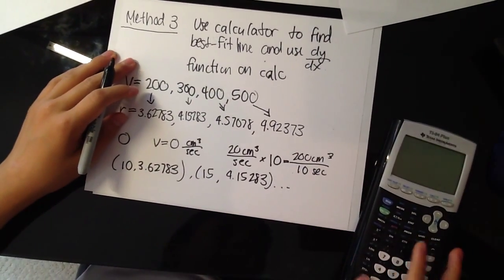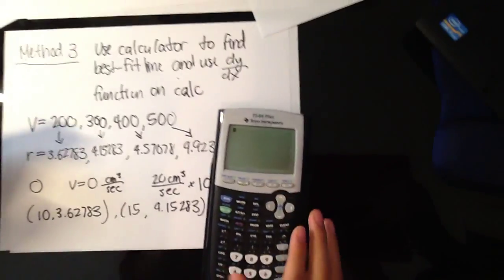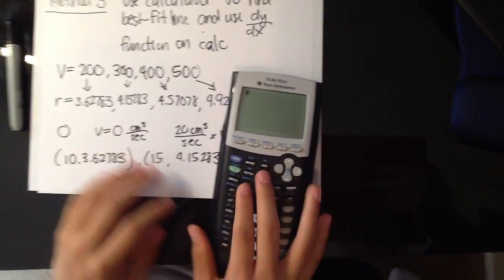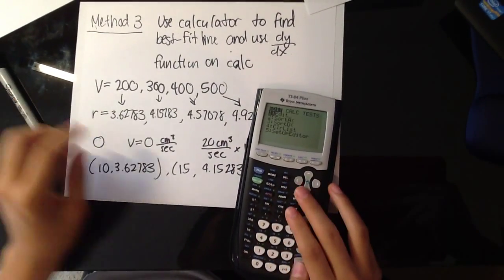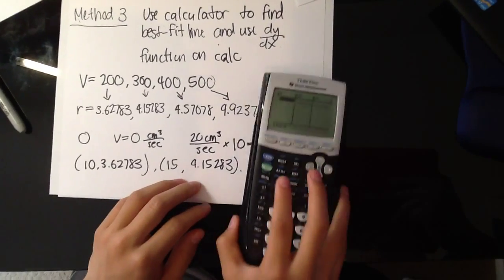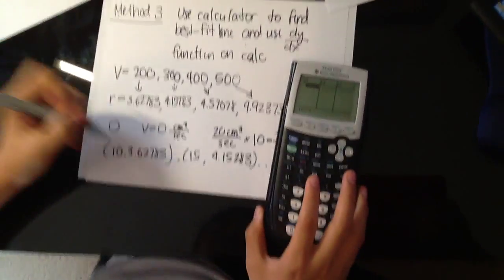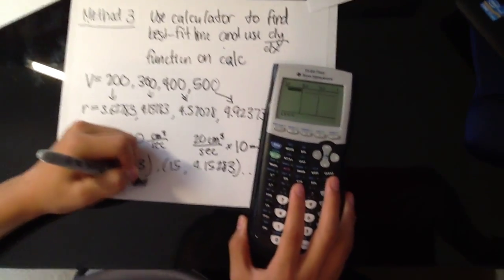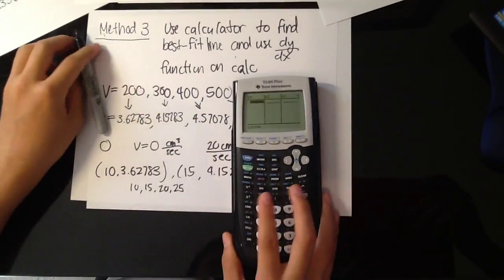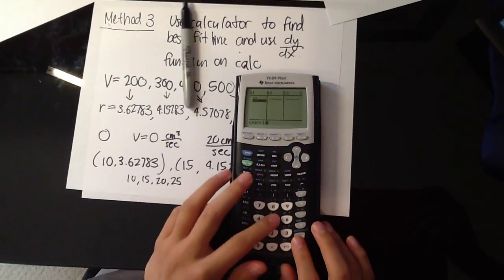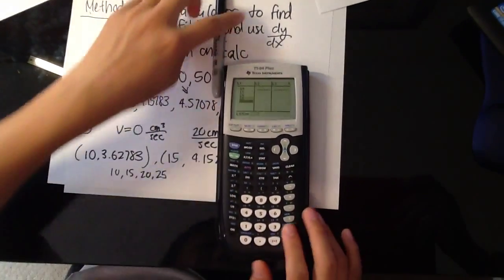So what we want to do is use the calculator to find the best fit line. I'm going to edit the plot and plug in the numbers. The x values are going to be 10, 15, 20, and 25.